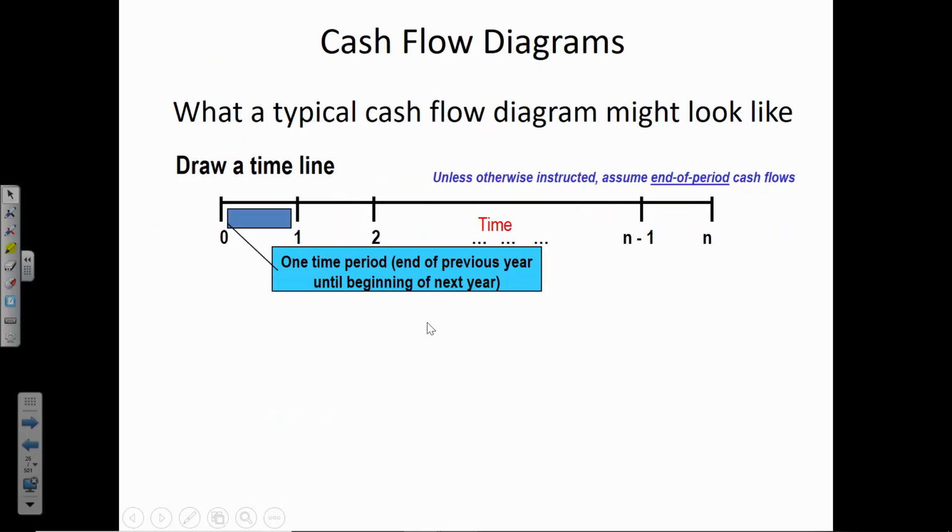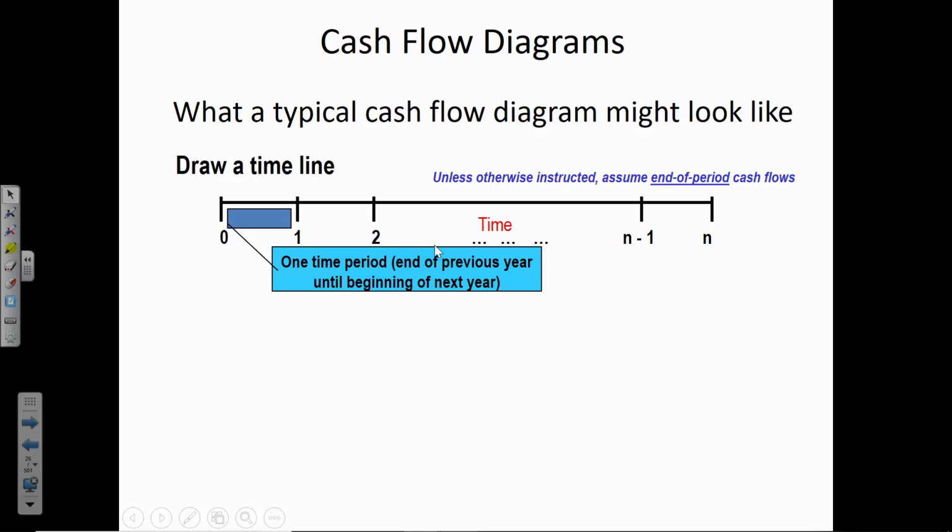A couple other points that I'd like to make. First of all, time can be a little bit confusing for people because the end of year 1 is right here where the line is that says 1. So this is the first year. The first year starts at 0 and goes to the number 1.